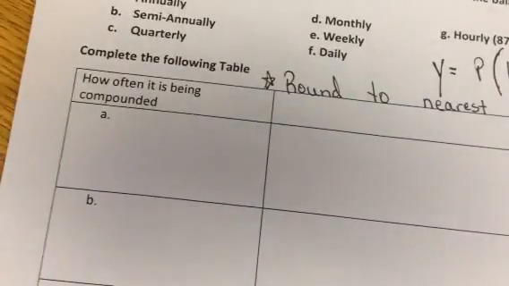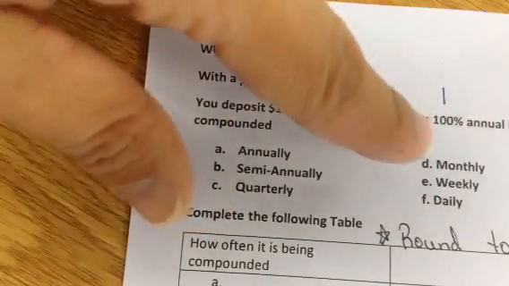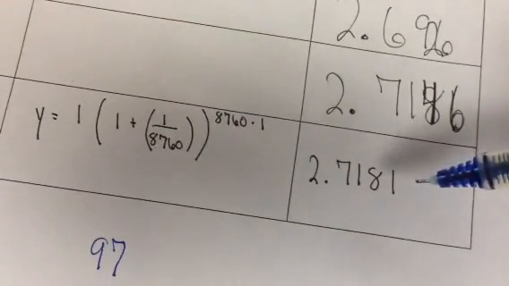So what Leonhard Euler discovered, going back to that other purple page, is that when you start compounding interest, so that's how often they figure out the interest, if they decide they're going to pay you interest once a year or twice a year or 4 times a year, the more often they pay you interest, this answer that we get gets closer and closer to this number down here.